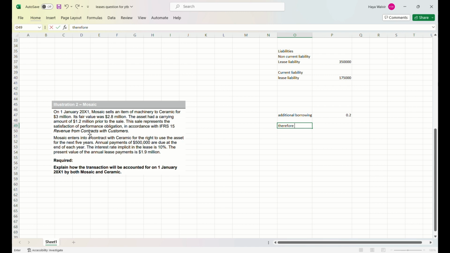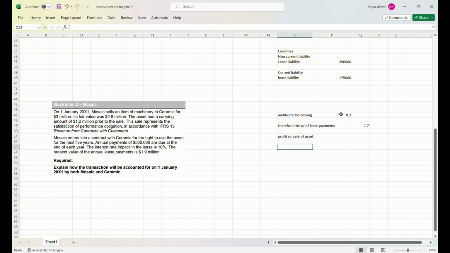Therefore, the present value of lease payments is equal to the total present value given, 1.9 minus this 0.2, right? 1.7.